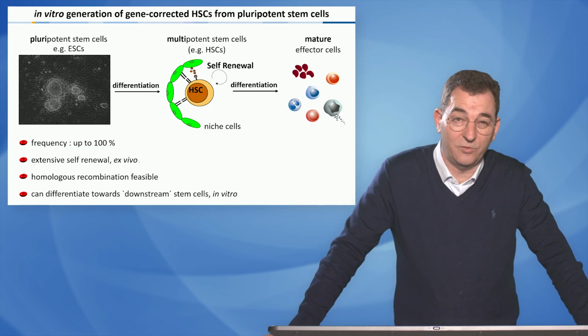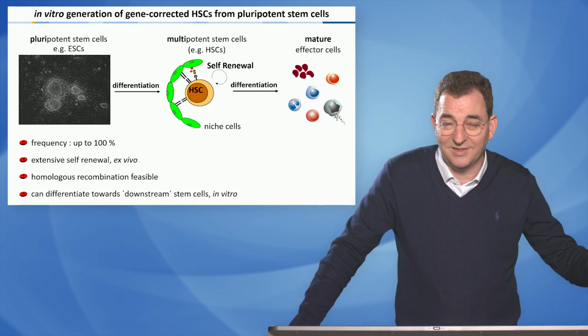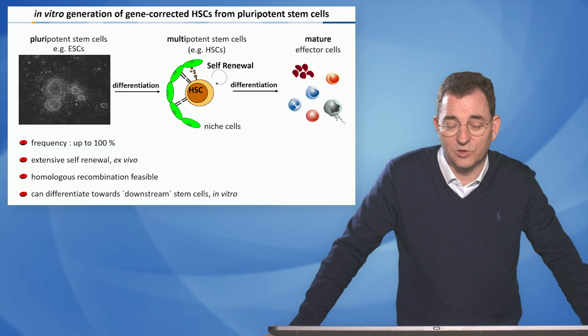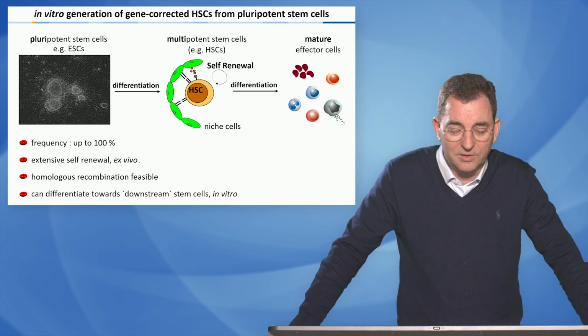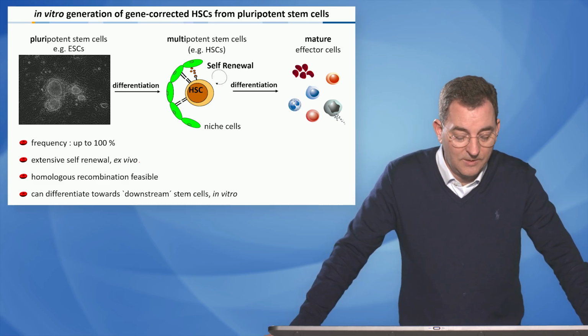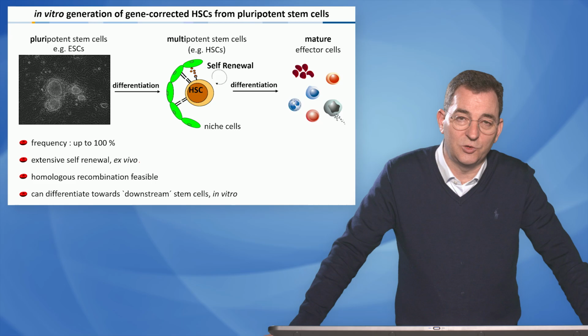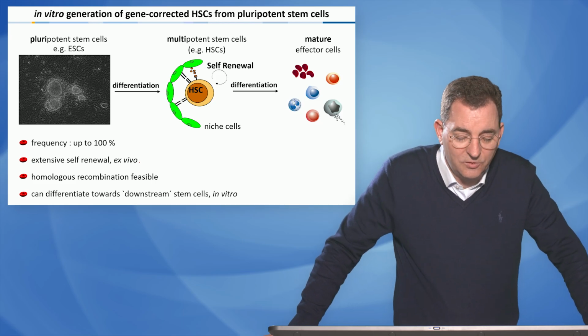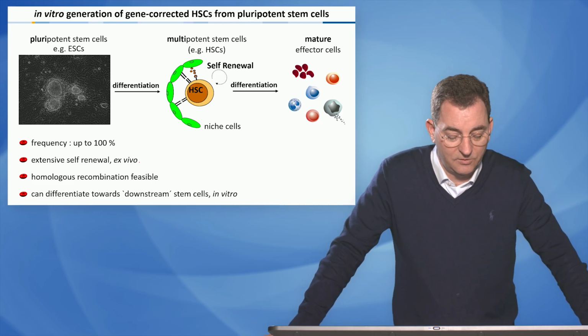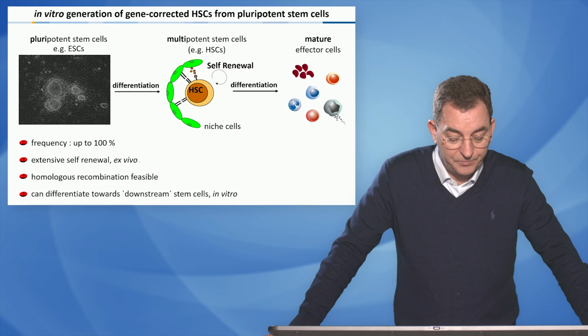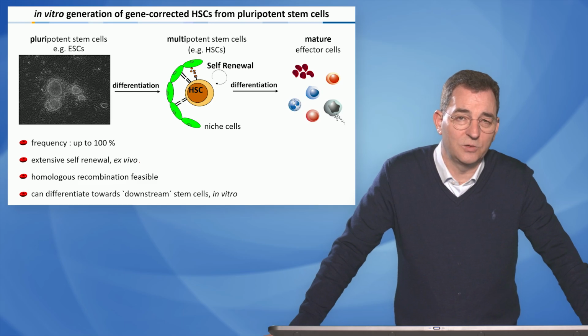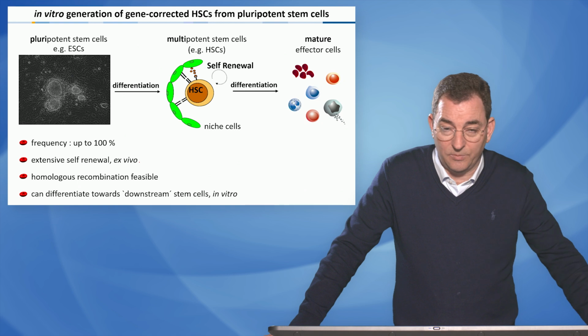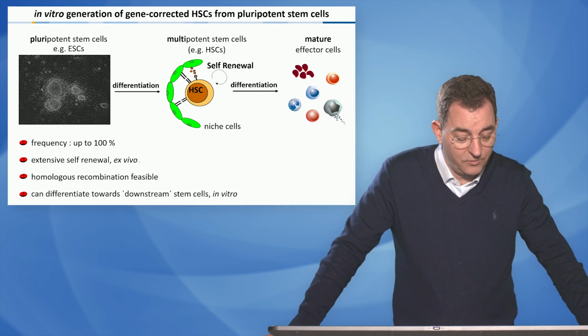They show extensive self-renewal. You can keep them for decades in culture. You wouldn't want to do it practically, but in principle you could. There are lines which have been in culture for many, many years and still are functional. Homologous recombination is feasible for these cells. Mario Capecchi, for example, got the Nobel Prize for that.